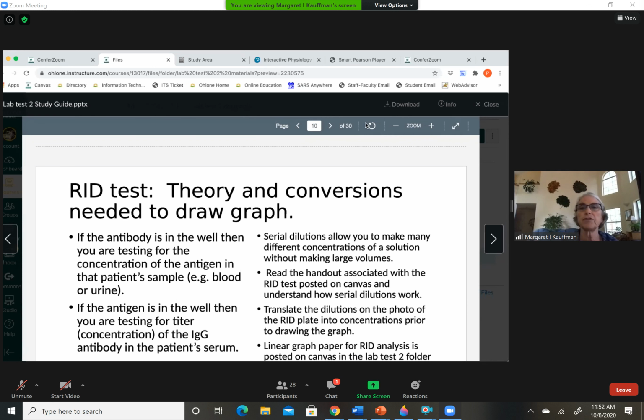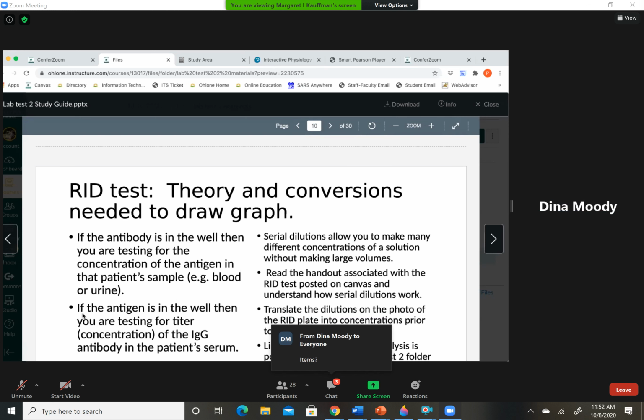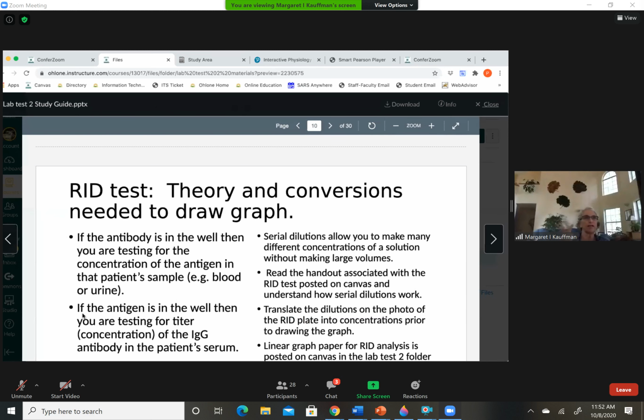Okay, let me see if there are any other chat questions. I missed something on the white blood cell items. I'm not sure what you mean by items, Dina. At the bottom, it asks you two questions.